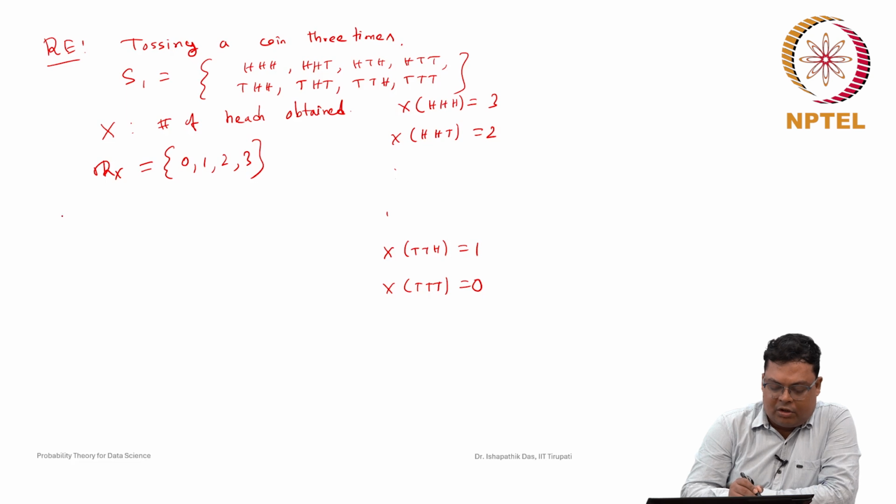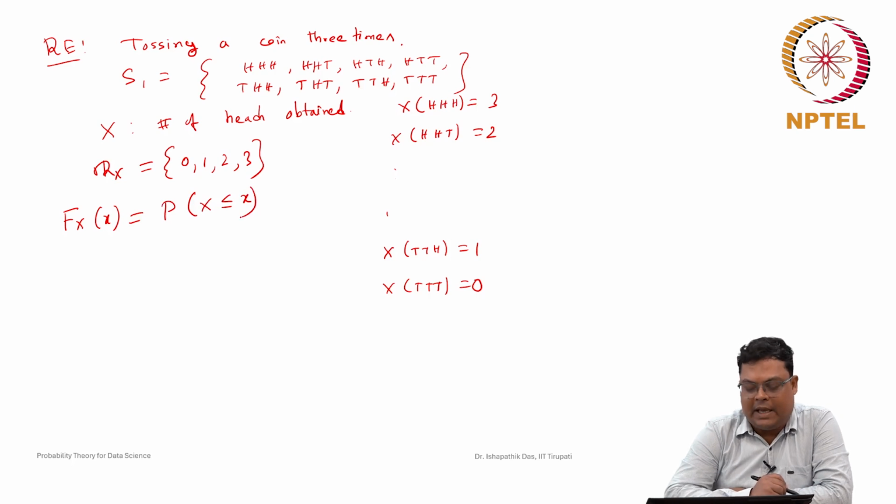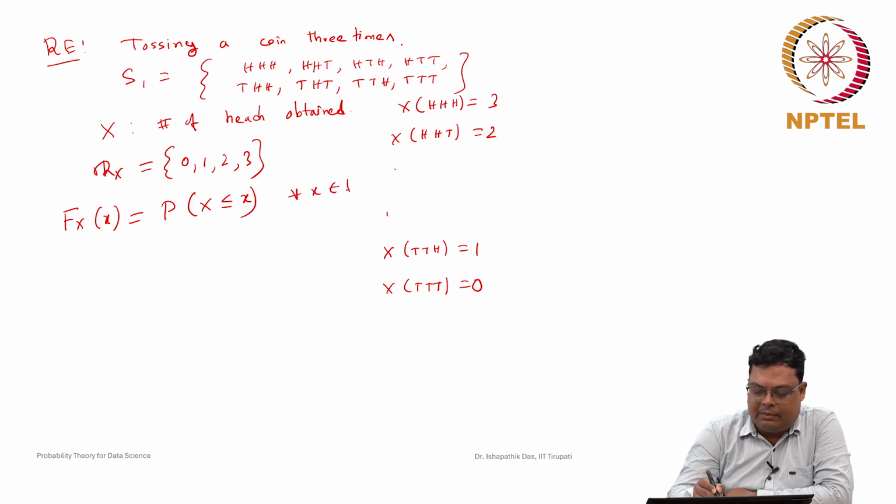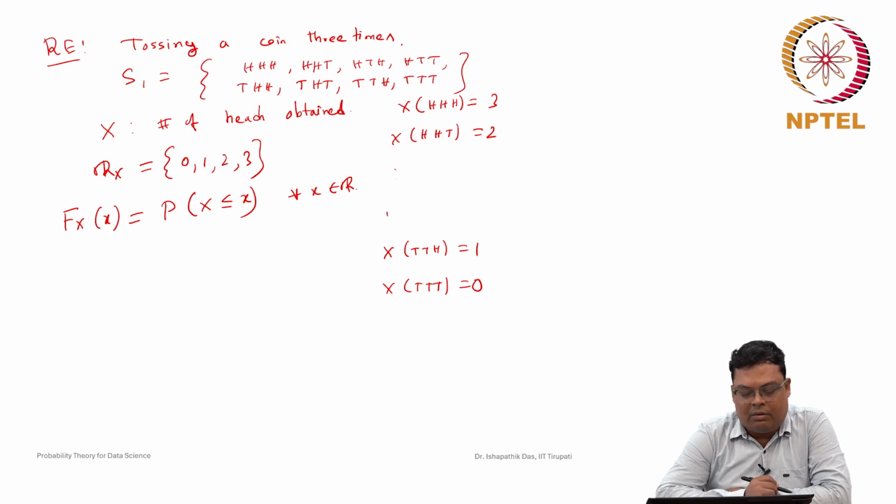So what is the definition of cumulative distribution function? F of x is defined by the probability that X is less than or equal to x, for all real numbers x belonging to R. So basically this function you have to give for any real number.